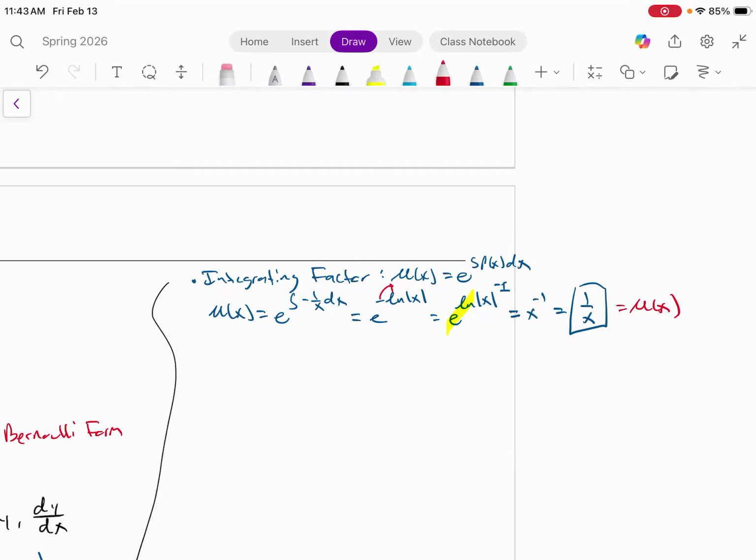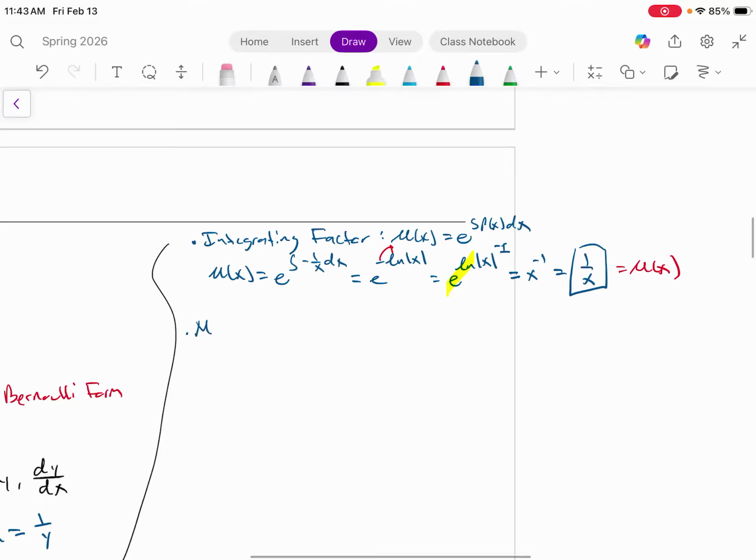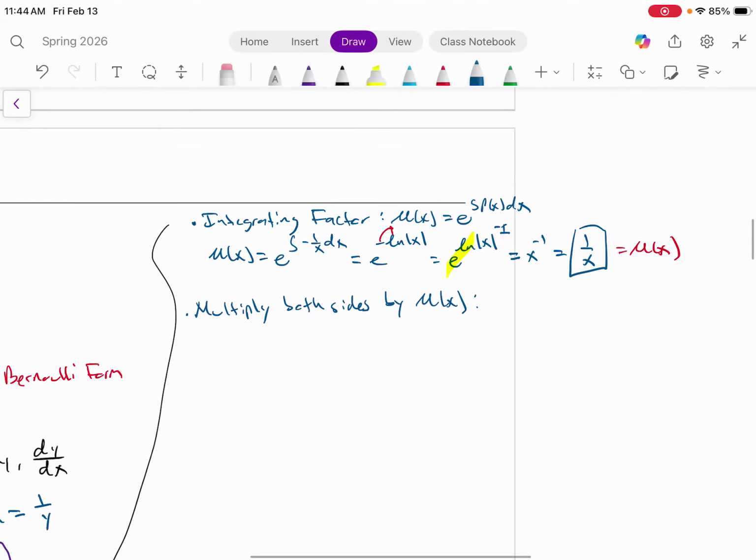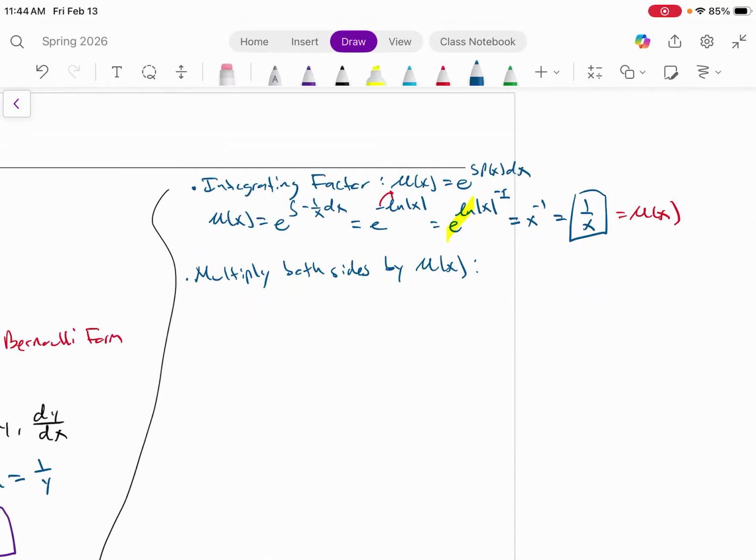So what do we do with our integrating factor? We multiply both sides by the integrating factor. Okay, we're in linear equation mode now, remember. And so we're going to multiply 1 over x times our differential equation down here below.